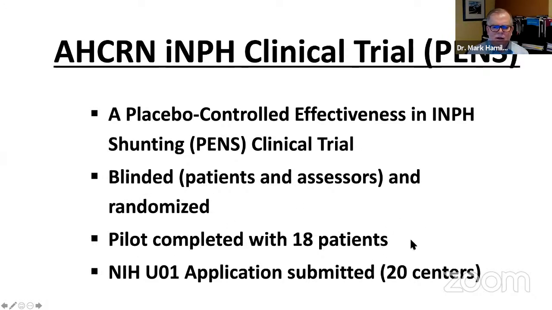We've submitted this for presentation, and it will be presented at the AANS meeting in August. We've also submitted an application to NIH for a UO1, increasing the number of centers to 20 to do a larger population. The pilot was extremely beneficial in showing us how to navigate a very large and complex trial.